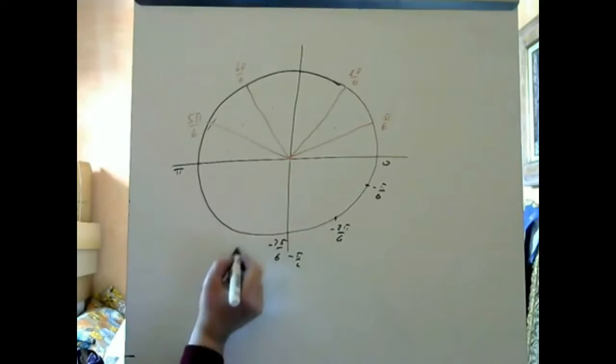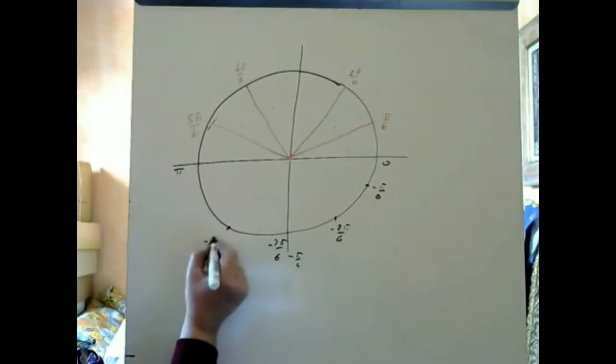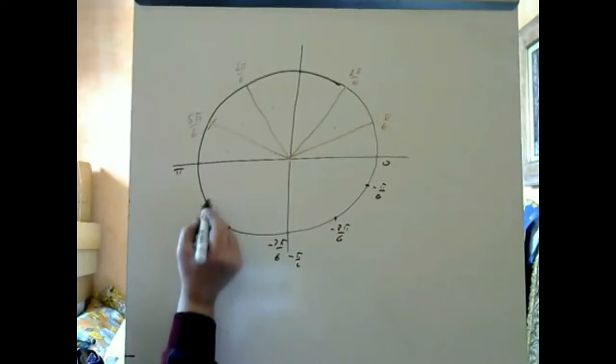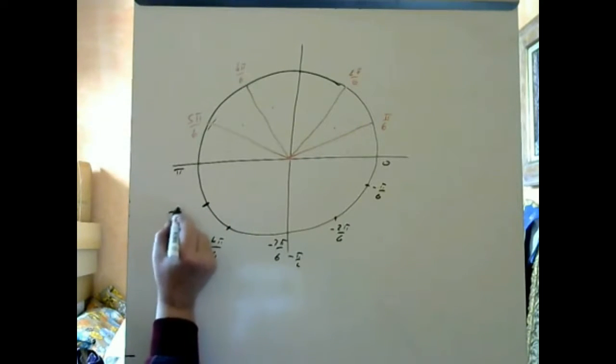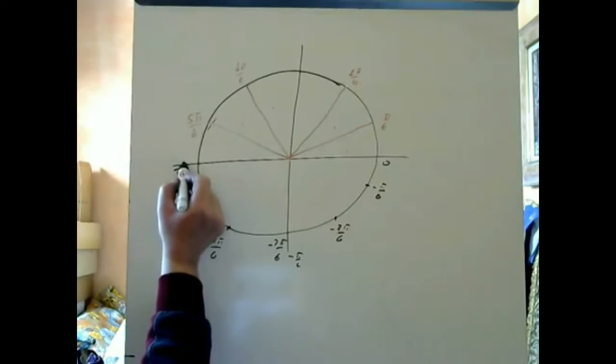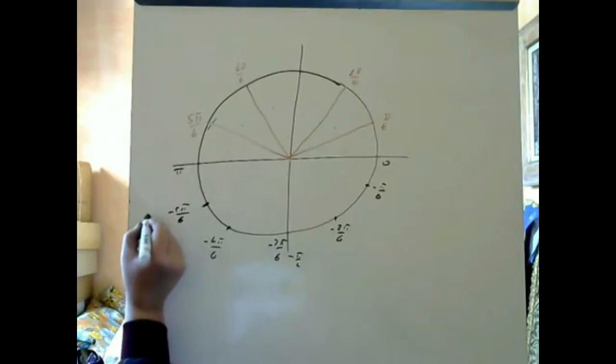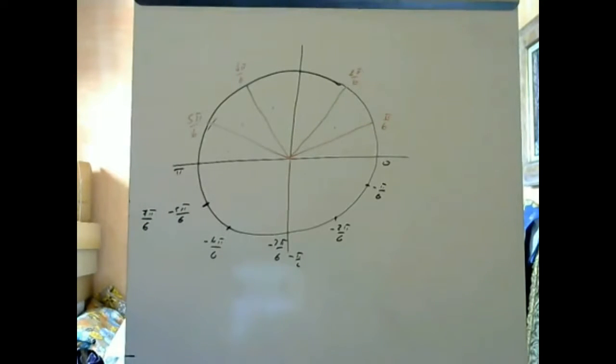And here I have minus 4 pi over 6. And here I have minus 5 pi over 6. We also have here, going in the positive direction, 7 pi over 6.